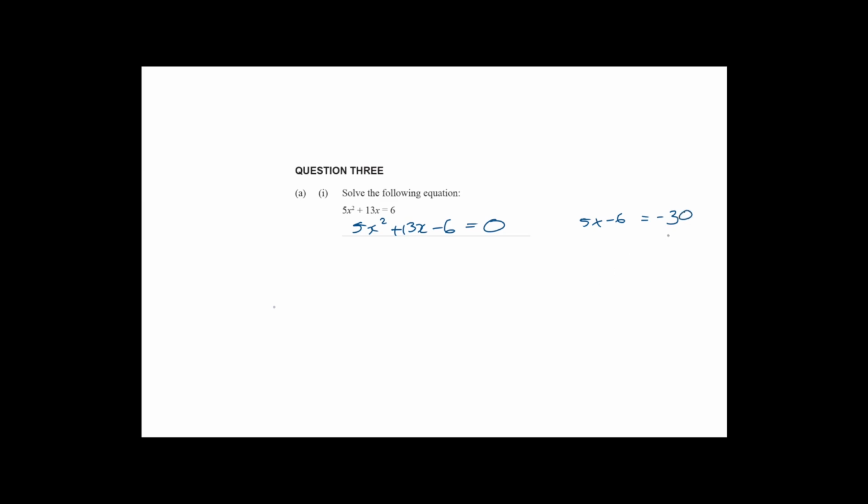So two numbers that multiply to give us negative 30 and add to give us positive 13 is going to be positive 15 and negative 2. So let's rewrite this. 5x squared plus 15x minus 2x. So just convince yourself that that is 13x minus 6 equals 0. Then I'm going to split it in half.